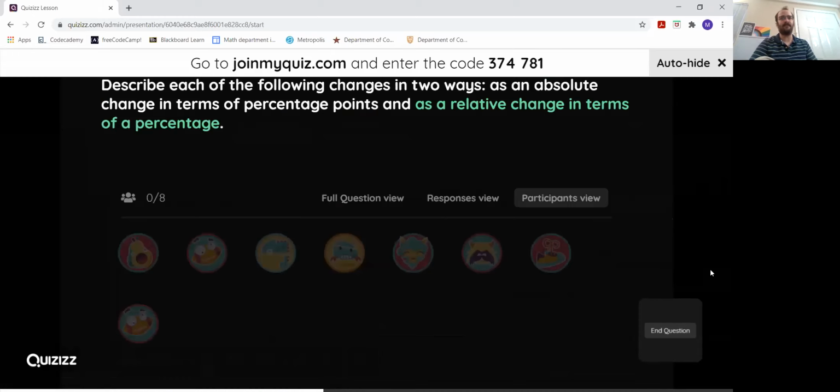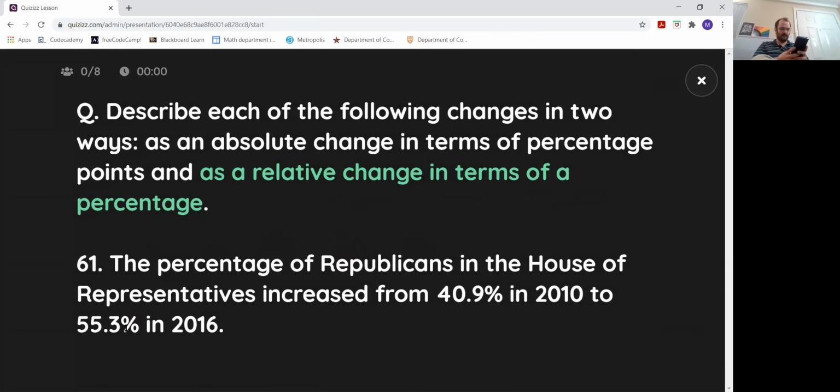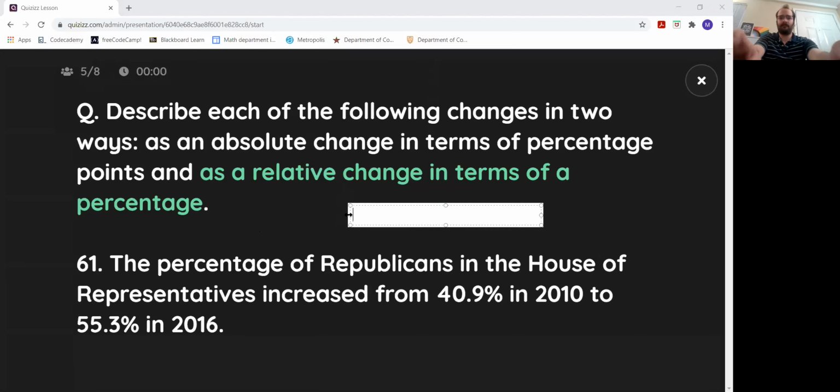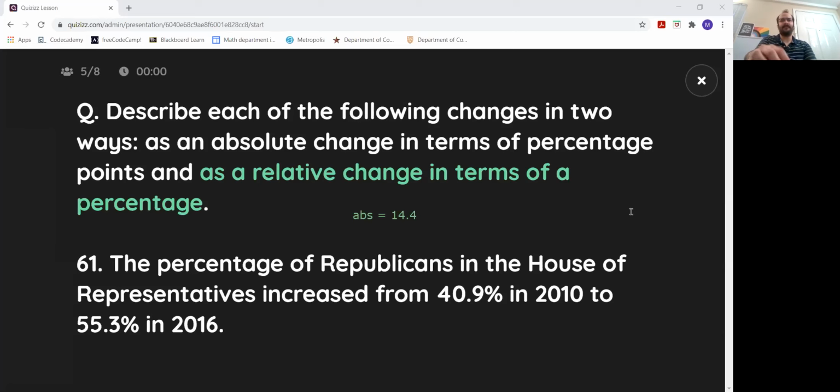Now we want to know what the relative change of these things is. So what is the relative change from this number to this number? And this one is a percent. You can either say the word percent or you can give me a percent sign, but there should be a percent in there somewhere. So we know the previous one was what, 14.4? The absolute difference is 14.4. So we're taking this.